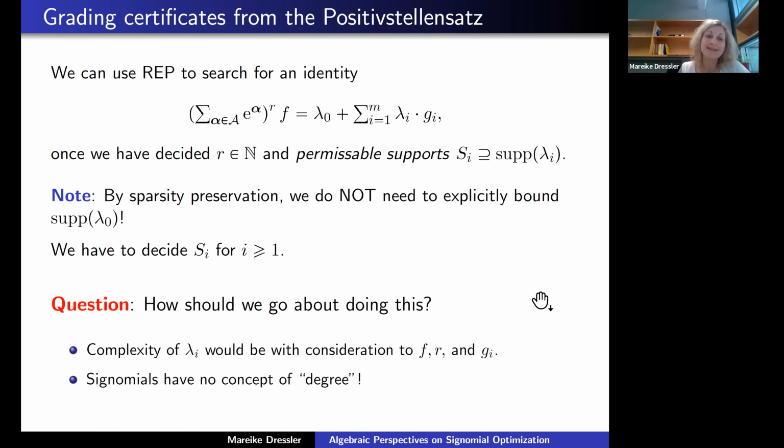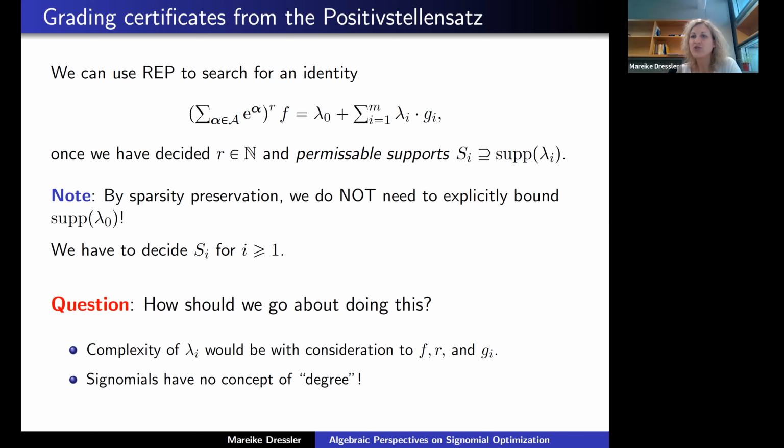And the question is now, how do we move forward about this? Because inherently, Signomials do not have a notion of degree. That is something that comes from polynomials. If you will, you can think of it as: we measure the complexity of a polynomial with its degree, and the complexity of the Signomial is more measured in terms of the number of terms.